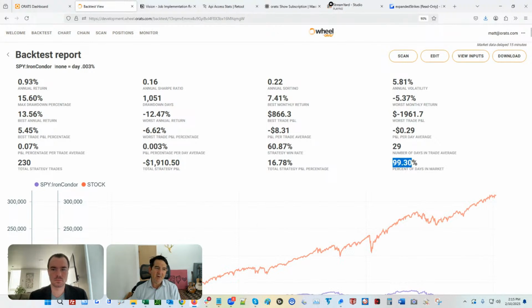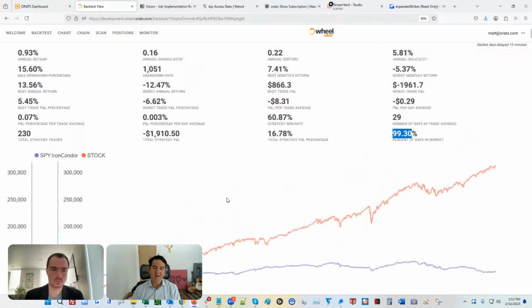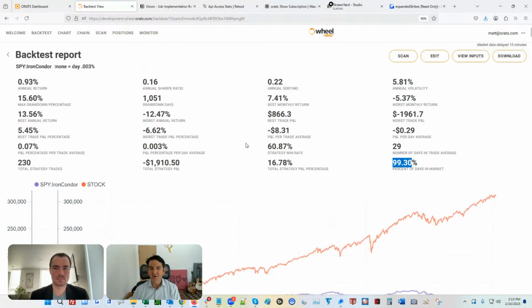And since it makes money generally, something that's not in the market as much is not going to look as good. But you want to look at, when your capital is at work, how much it's making. So let's just remember this. This is our baseline iron condor. It's just in the market all the time.